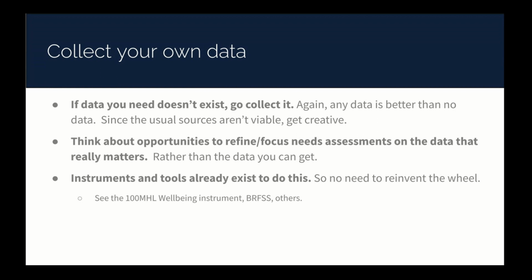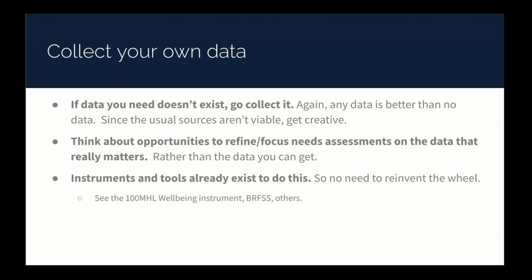And one of the great things that has happened over the last 5 years is there are a ton of instruments and tools and examples and case studies of communities that are collecting data and not relying on these national sources for some key measures. And so there's no need to reinvent the wheel.